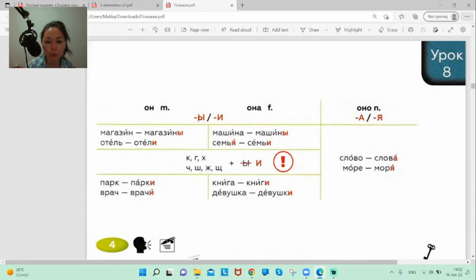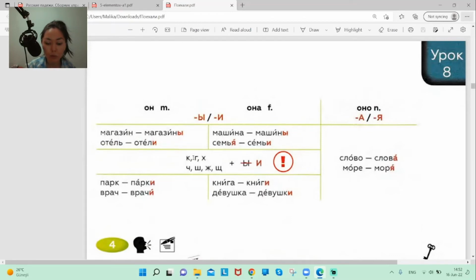So usually we add ы: магазин, магазины, телефон, телефоны, машина, машины. But whenever we have a soft sign, like отель, отели, тетрадь, тетради, we add и.